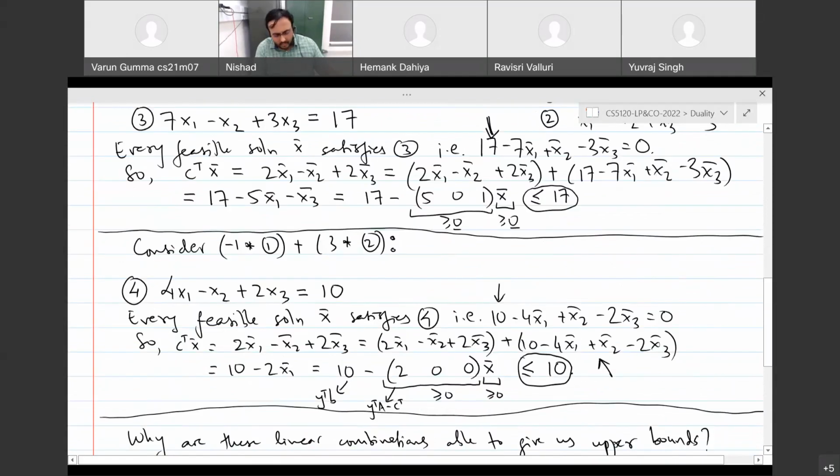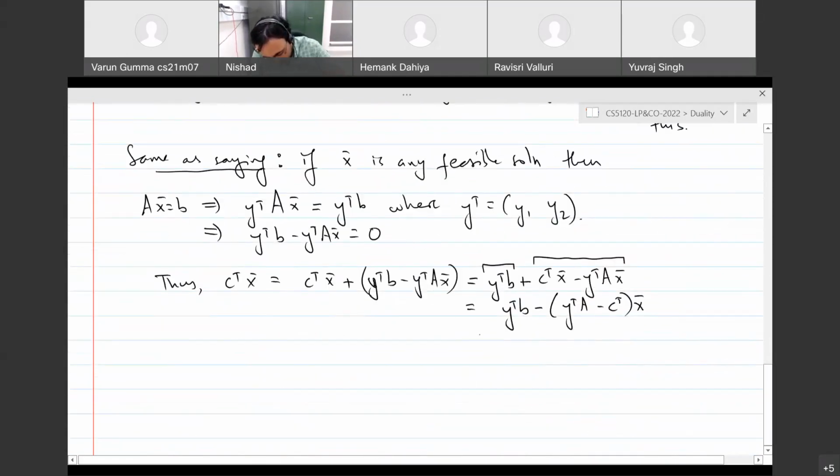So how were we able to conclude that this is less than or equal to y transpose b? My question is, why were we able to put this inequality?